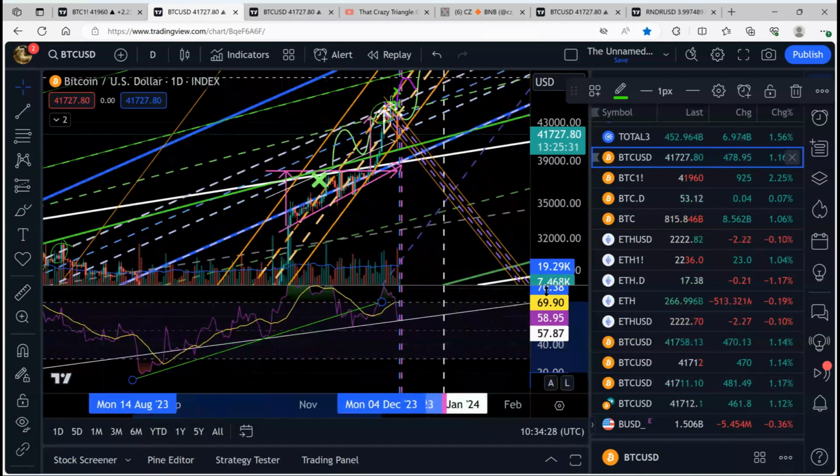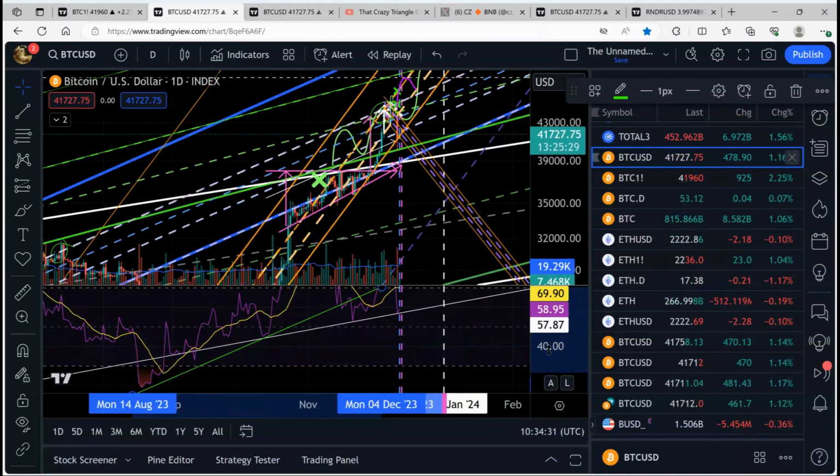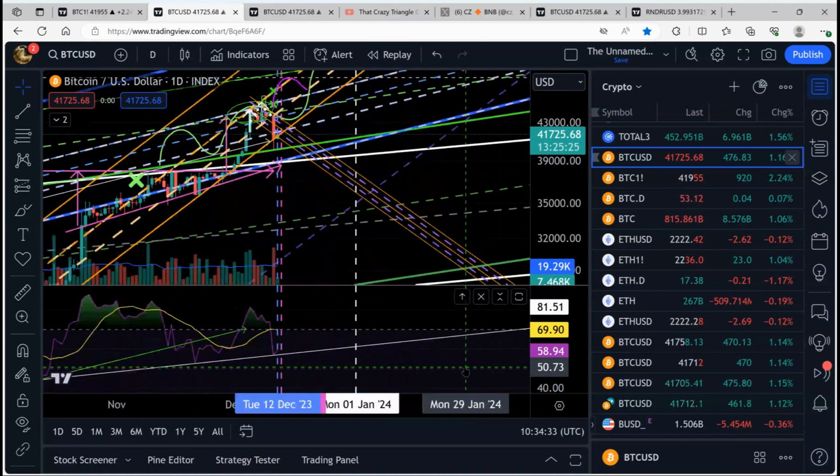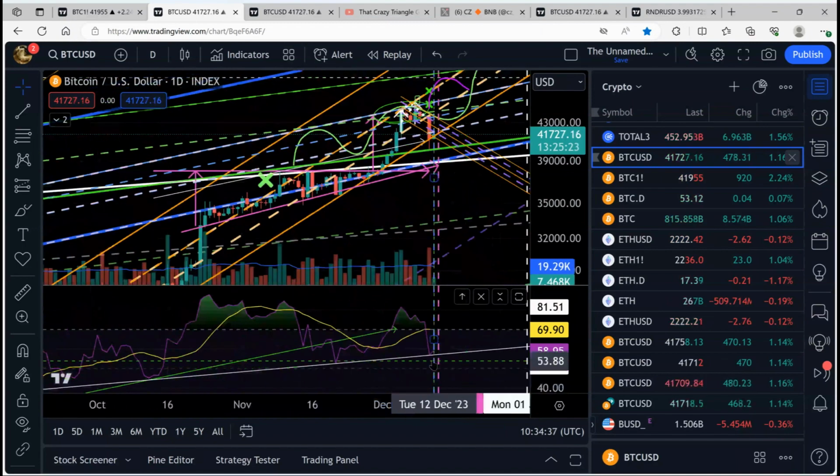And where did we come down to exactly with our wick down to the top of our green channel here? Right to that trend line, and we bounced off of it.